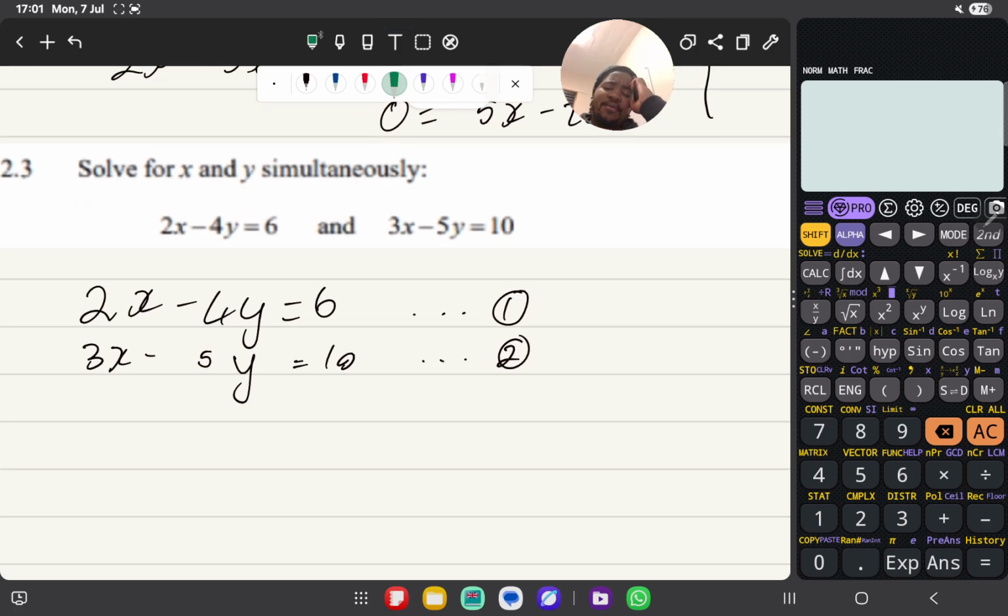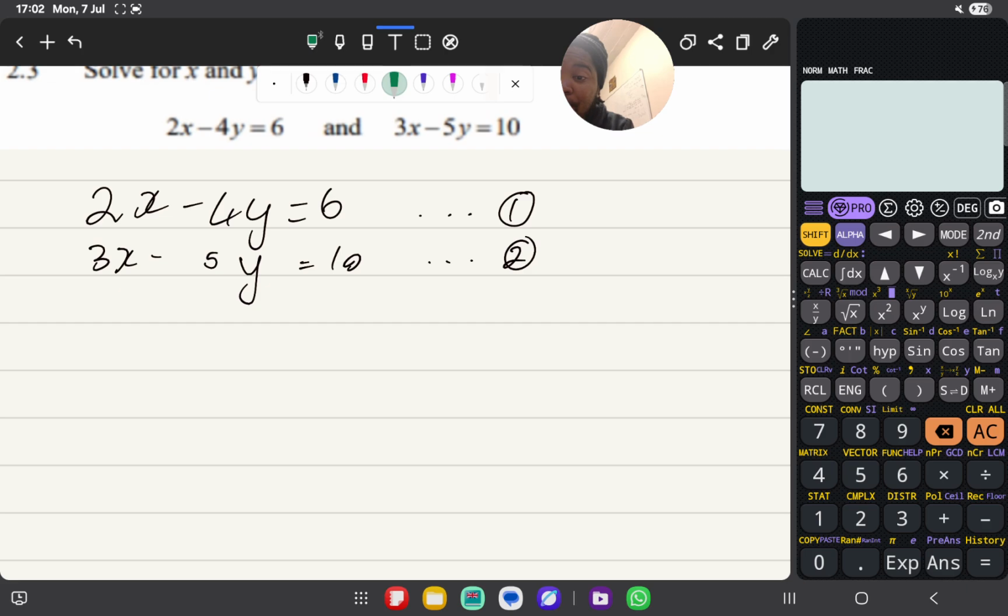For the elimination method, I can decide which variable I want to eliminate. Let me eliminate x, right? For me to eliminate x, remember, my x variables must both have the same coefficient with different signs. So how am I going to achieve that with this one? The first thing, I can multiply here by minus 3, and then here I can multiply by 2.